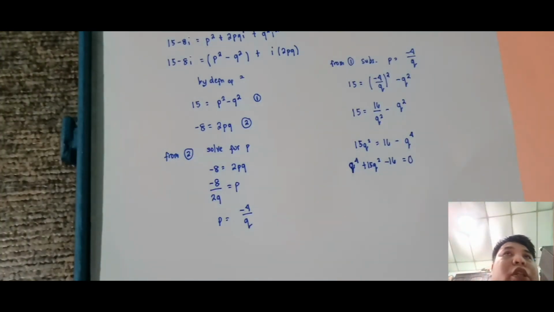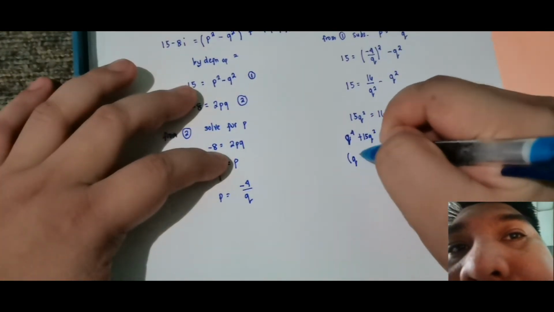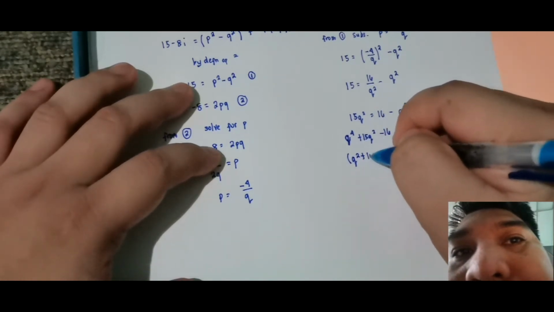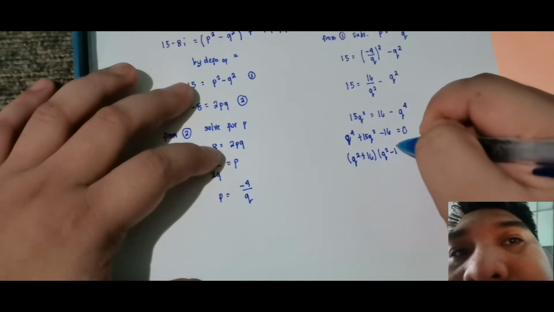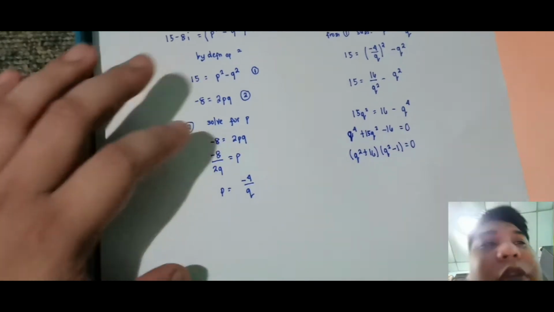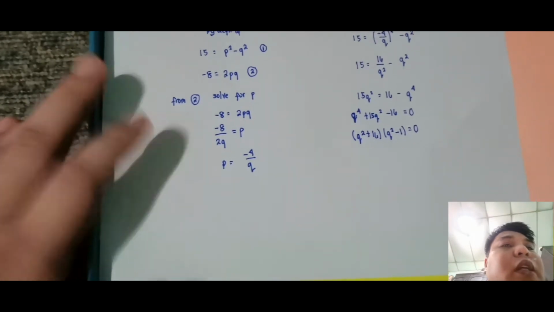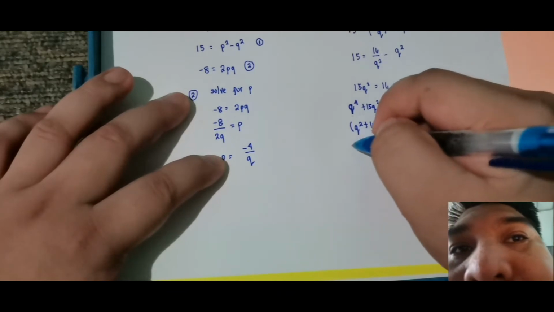Factorable siya sa plus 15. Possible ang factor na is ganito: Q squared plus 16, tama? Then, Q squared minus 1 is equal to 0. Tama naman. Okay, next is kunin natin mga square root niyan o yung by zero product property.